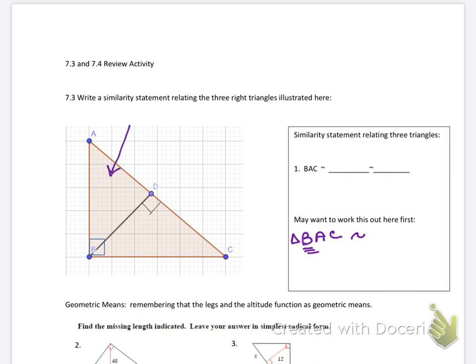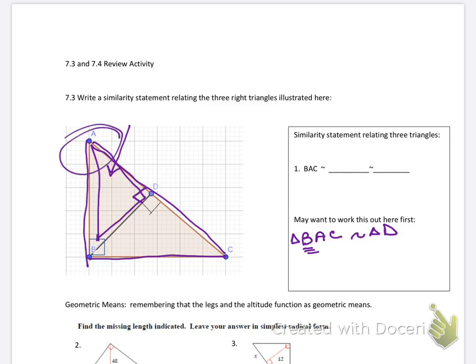Okay, so where is the right angle in the top small triangle? Okay, so you should be saying it's at D. So therefore, since we're starting with the right angle first, start with D. Okay, so then, what angle does the big triangle, so here is your big triangle, okay, big guy, have in common with this little guy?